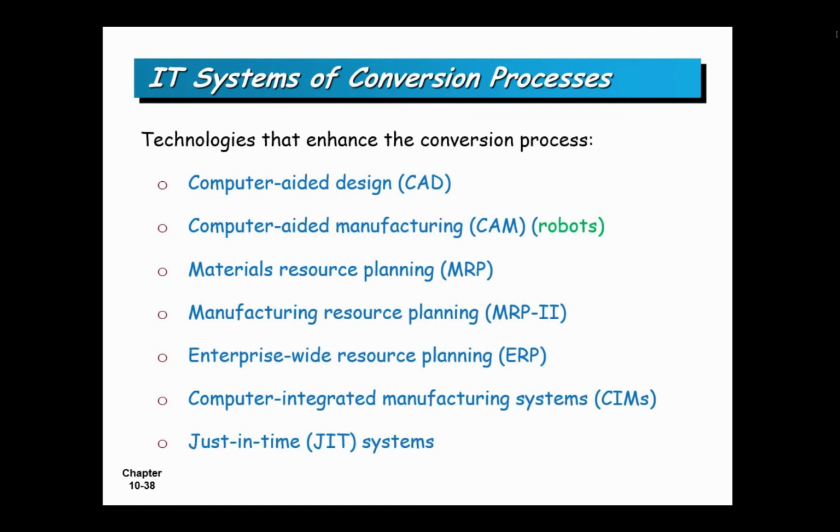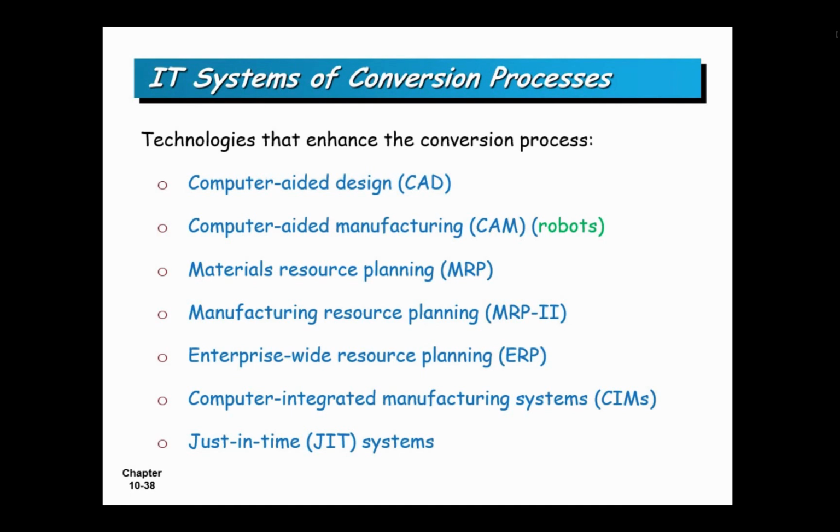There are interesting systems that are involved in the conversion process. Computer-aided design, computer-aided manufacturing. Computer-aided design is really kind of using 3D graphics and things like that on a computer.